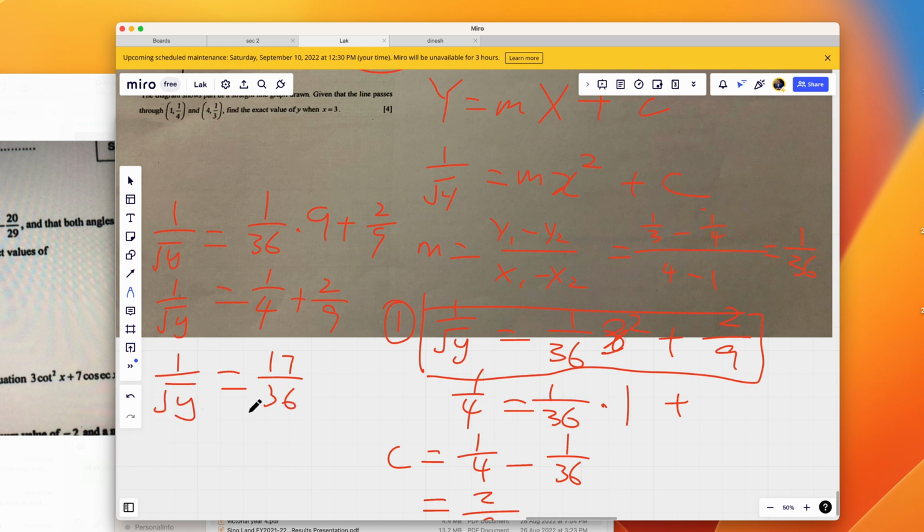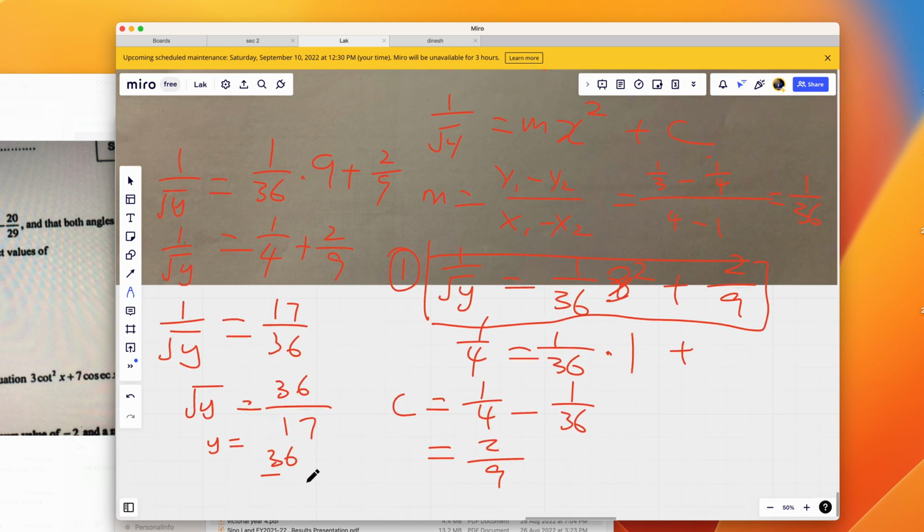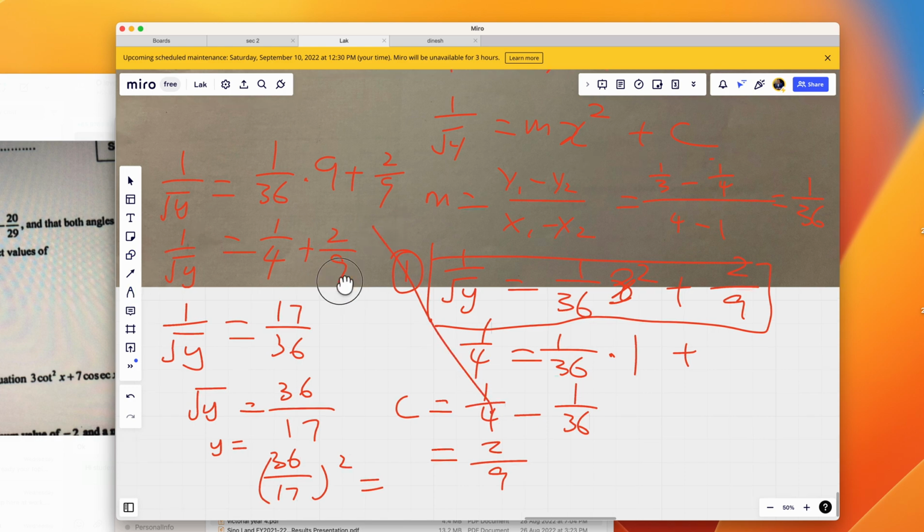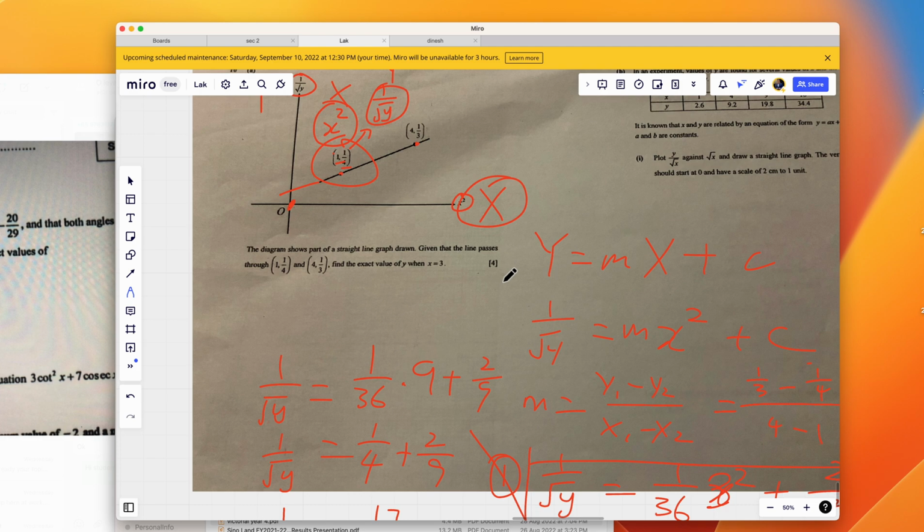So just 1 over this, just multiply, then you square it, right? Okay, I will leave it to you. That's how you get your 4 marks.